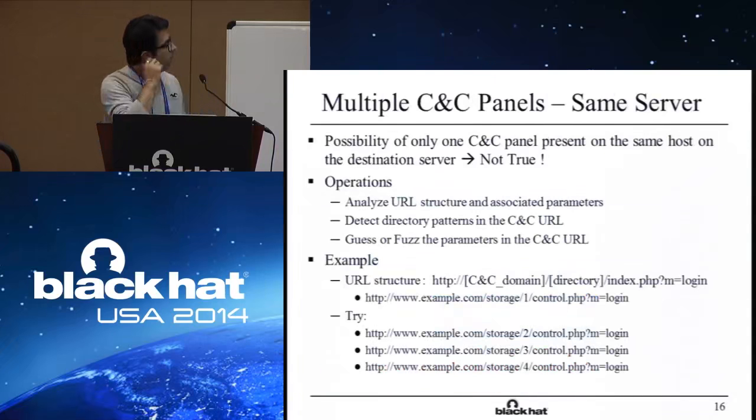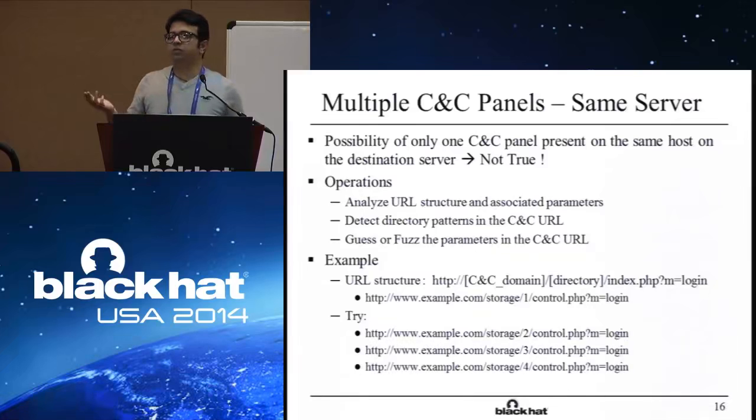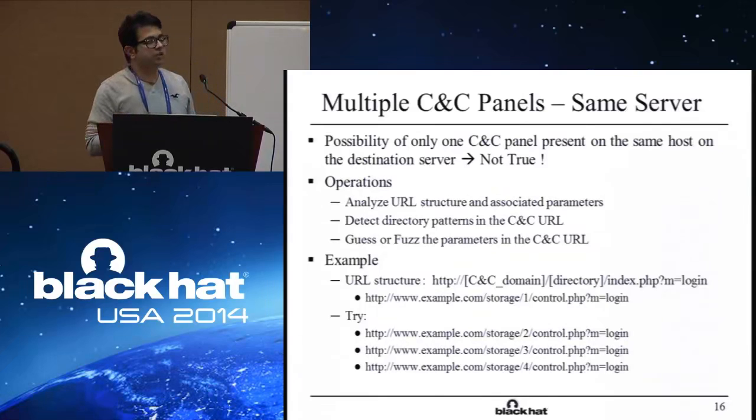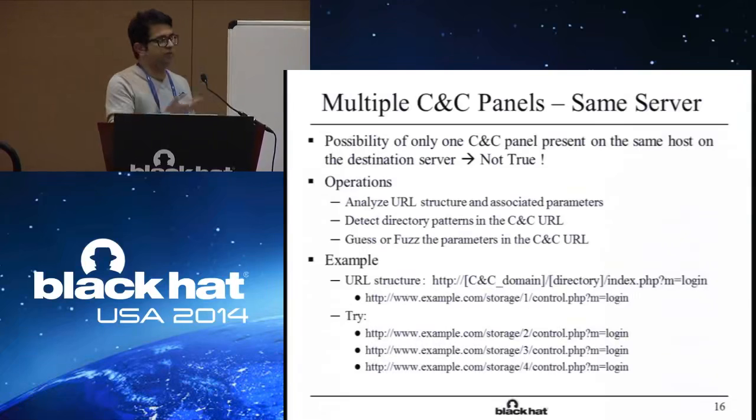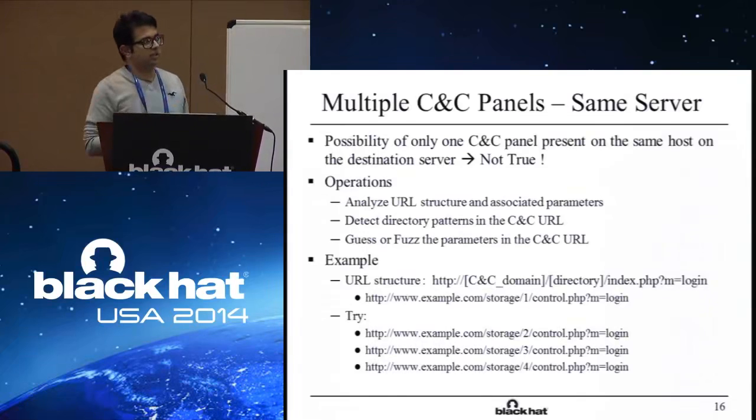Now, I've seen a couple of botnet trackers, and when they find some URLs pointing to some domains or CNC servers, there are certain specific URL patterns that we really need to look into. It is not always true that you are going to encounter only one CNC panel on one particular server. It's not true, actually. So it's basically a kind of web application testing in this scenario on the URL patterns. You can fuzz the links or do some sort of things.